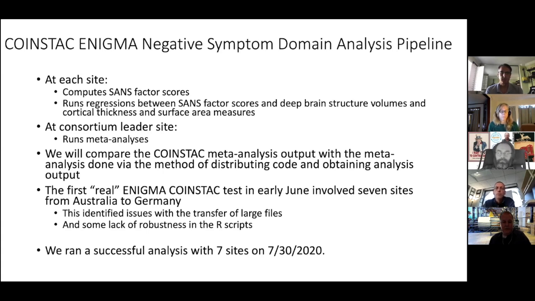One was some lack of robustness in the R script. It didn't check whether all the appropriate files were mapped and didn't give a proper error back for that. And there was one large file that didn't transfer. Some of these issues were fixed, and then we ran a successful initial analysis in July.